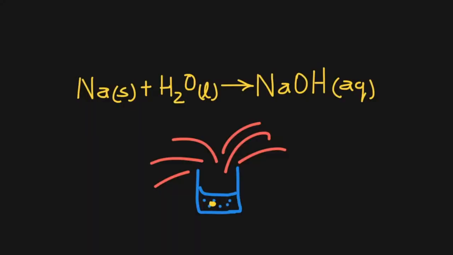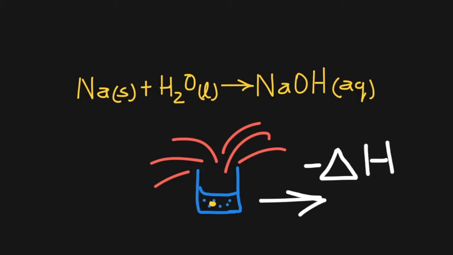As the sodium reacts with the water, heat energy is released from the system to the surroundings. There's an enthalpy change where the system has lost some energy, and this can be summarized as saying that there is a negative enthalpy change, or that delta H is negative.